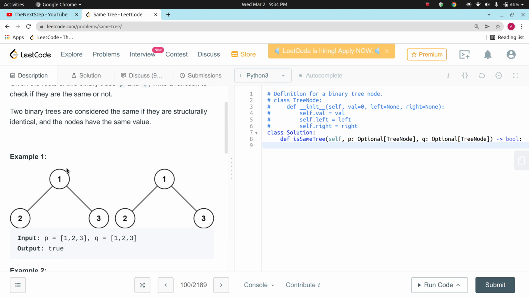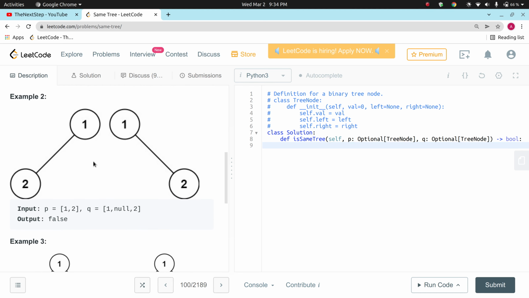So let's look at the left subtree of the node 1. It contains the node 2, right? Similarly, the left subtree of 1 here contains the node 2, and it's the same thing for the right subtrees, which is why they are the same trees.